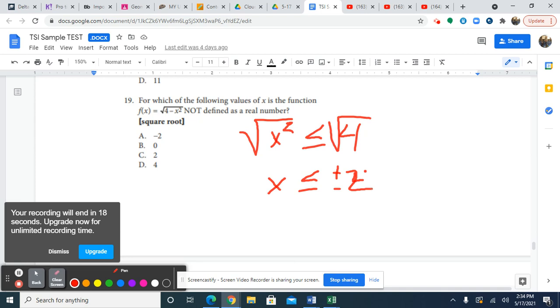So it has to be between those. And in the end, since x has to be less than or equal to positive 2, that means that 2 works, 0 works, and negative 2 works as well. So D.